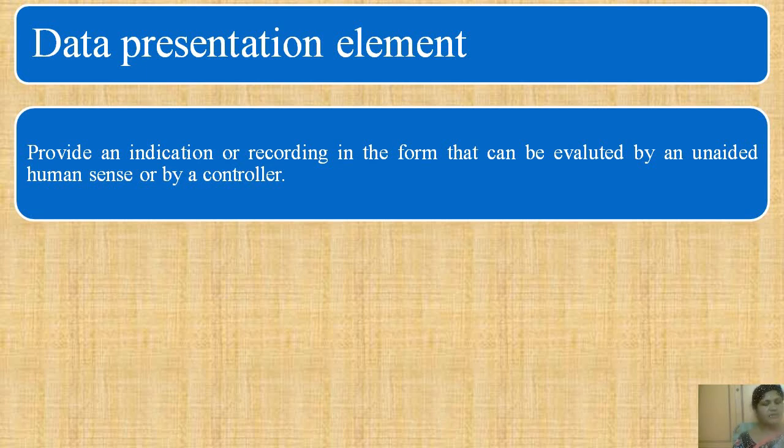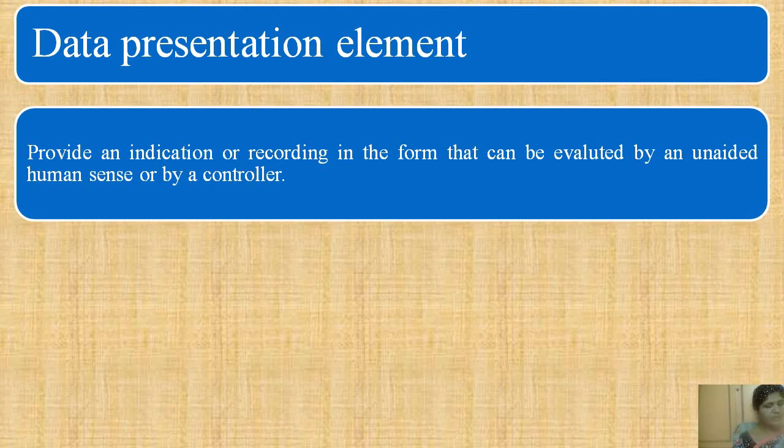So paper is also a type of presentation element, and these recordings are the output of the data processing elements and can be easily read by the observer. Its function is to convert it into a readable form.